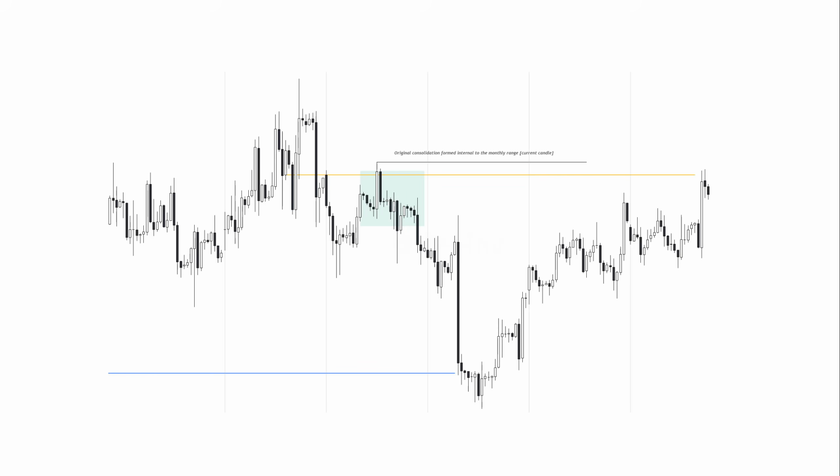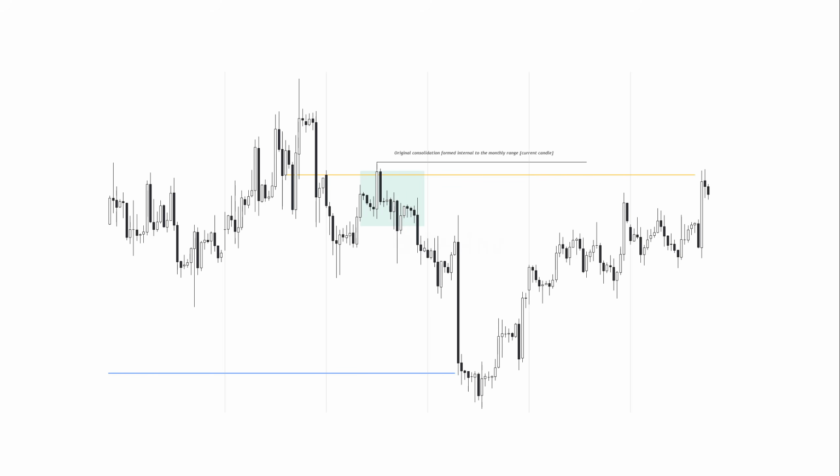Back towards that monthly opening price where an original consolidation resides to complete that market maker buy model. And wow, isn't that just beautiful? You can simply frame the sell side or the manipulation and the buy side or the distribution of the market maker model so clearly through our dividers, right? You can see a very clear divide and where the distribution begins and where the manipulation started.